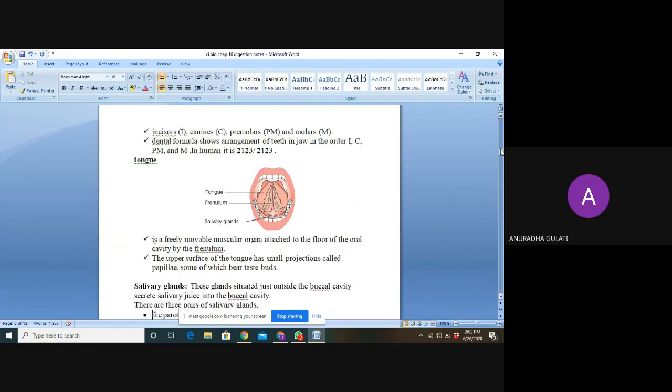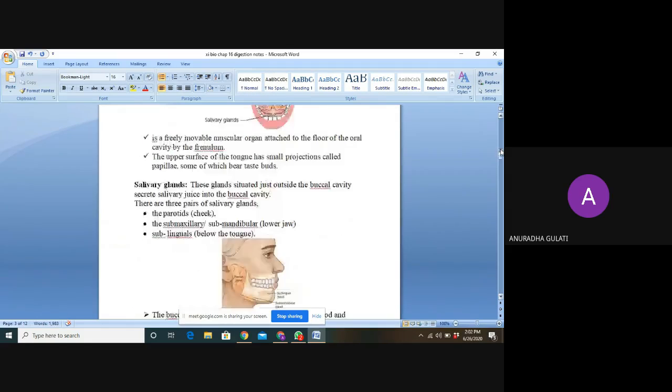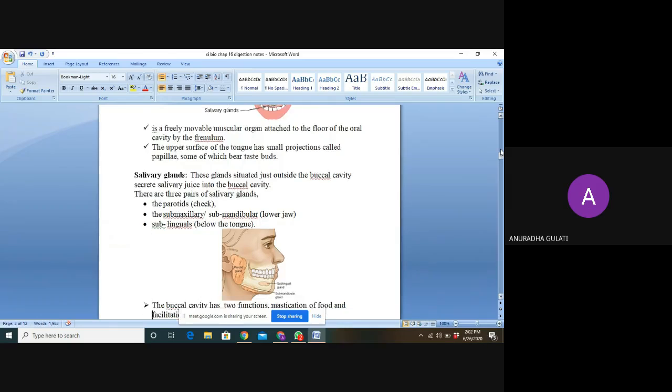In addition, there are salivary glands, as I just now told you and showed you in the diagram. The salivary glands are present outside the buccal cavity, and their function is to produce salivary juice. There are three pairs of salivary glands. Parotids are present in the cheeks, submaxillary or submandibular are present in the lower jaw, and sublingual are present below the tongue.